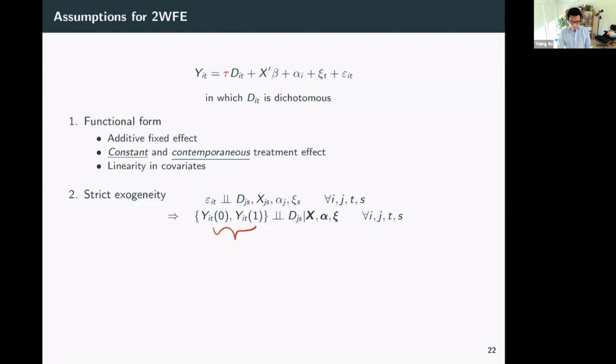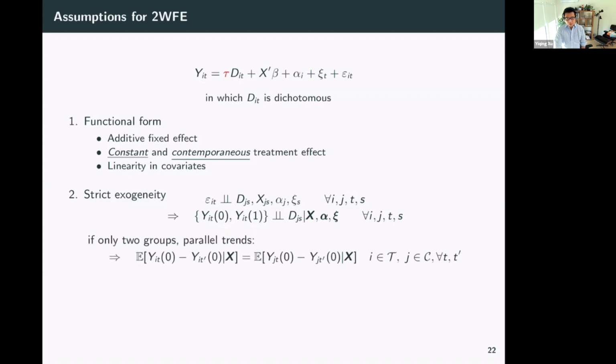The treatment is assigned in one shot, so you don't even need to introduce notation for the history of treatment. Okay, so if this assumption is true, the parallel trend assumption is true. The parallel trend assumption is implied by the strict exogeneity assumption. You can do a little bit of mathematics and see immediately that parallel trends of any kind, for any comparisons between pairs of cohorts, is satisfied.